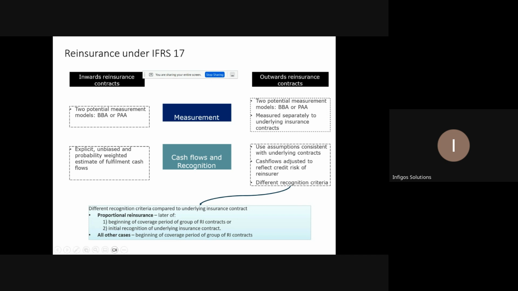Same thing for this one, outward. You will have two approaches, BBA or PAA. Outward means an insurance company has basically given a set of insurance contracts and they were insuring by purchasing insurance from you. That's called outward reinsurance.